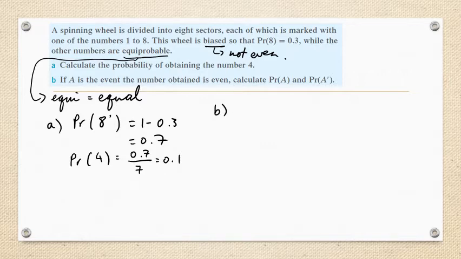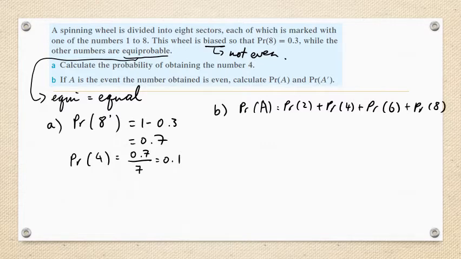B. If A is the event, so if A is any even number obtained, calculate the probability of A and the probability of A dash. Now, there's a slight trick to this. We know that all the rest of the probabilities are going to be 0.1. So the probability of A happening is made up of 2, 4, 6, and 8.